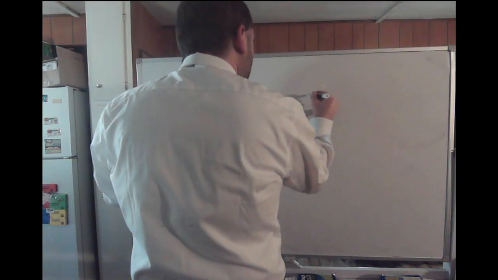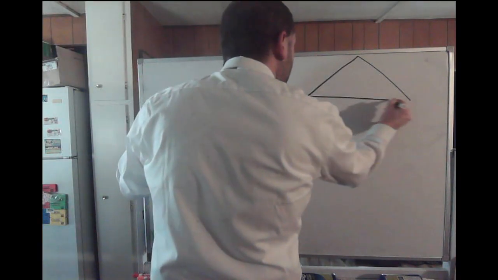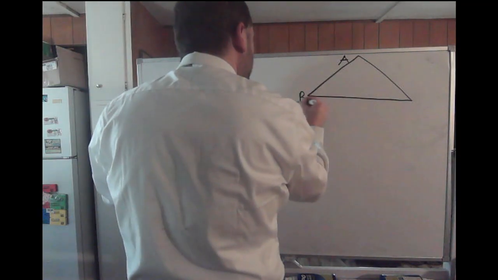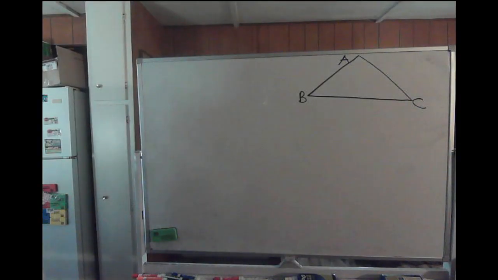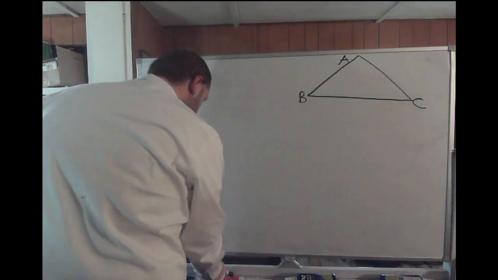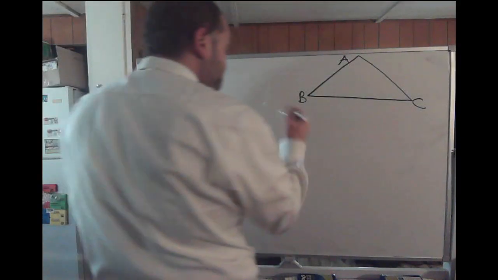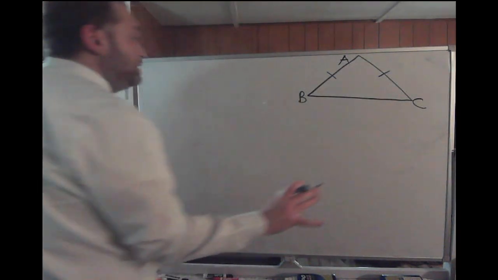Let's draw this nice triangle here. We have triangle A, B, and C. And we are given the fact that AB is congruent to AC.